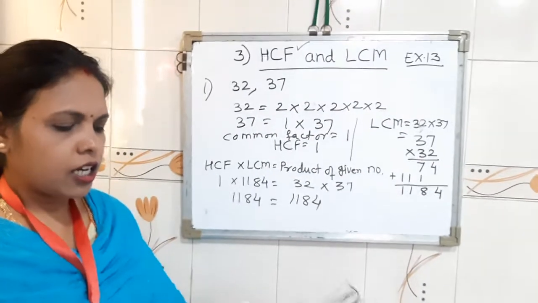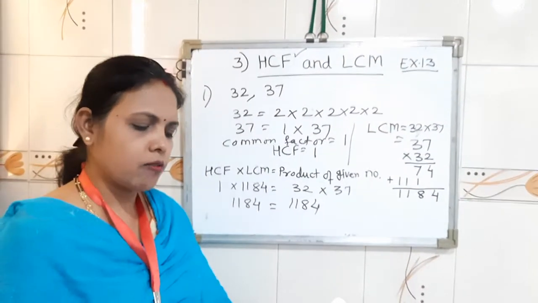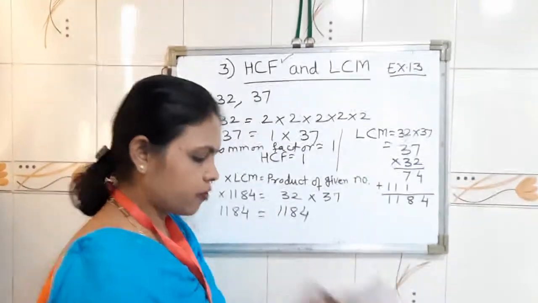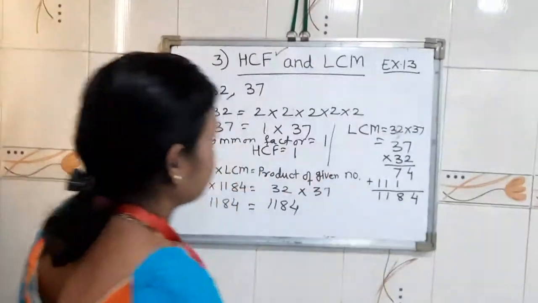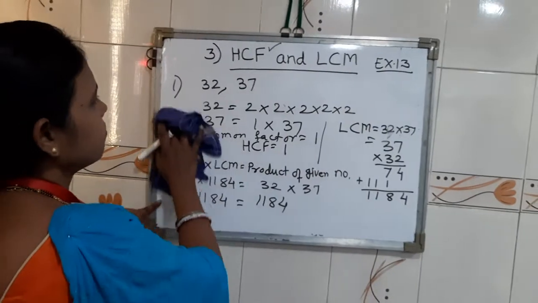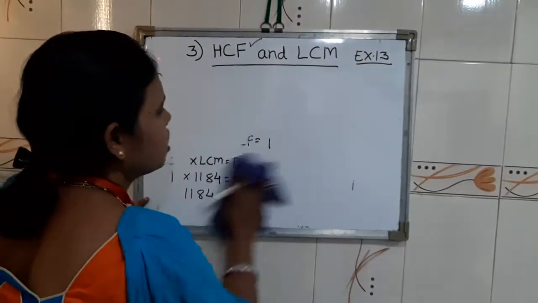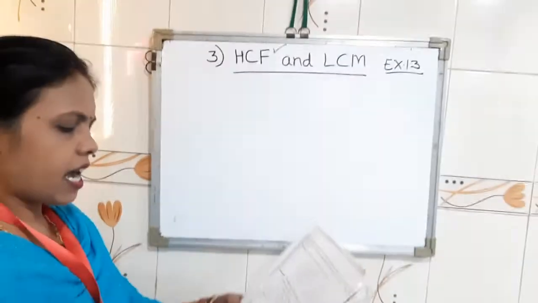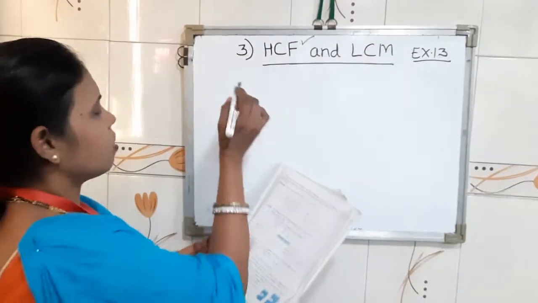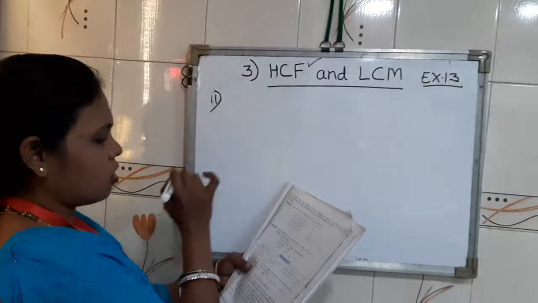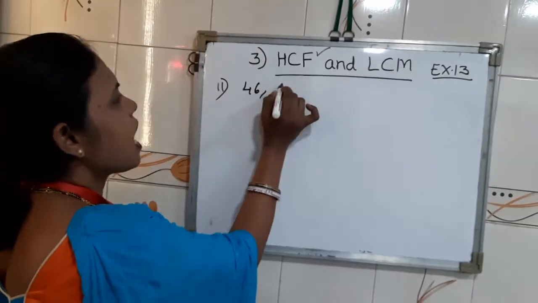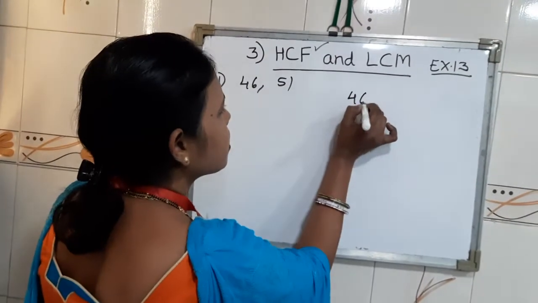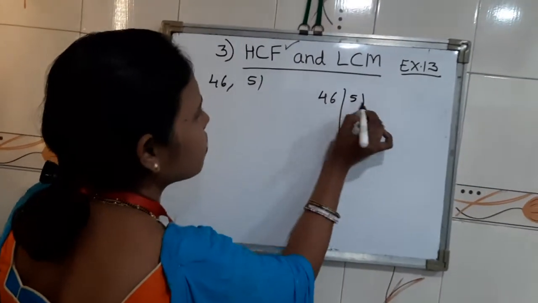Now here many questions are given. Next question I will solve. Third one, 1560. You can solve any one sum. Suppose we will solve the second one, 46 and 51. Then find out 46 and 51.